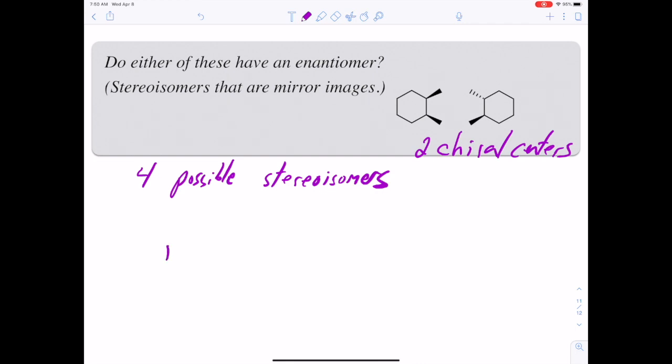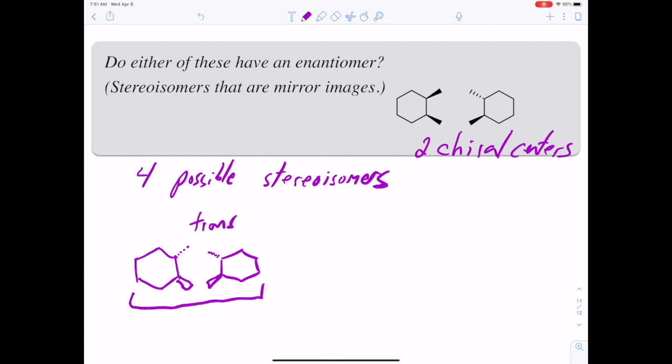Now, if we take the trans one and we do the mirror image of it, so these are enantiomers.